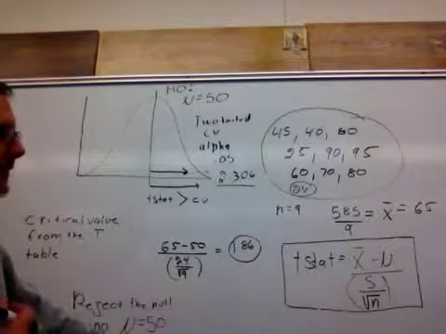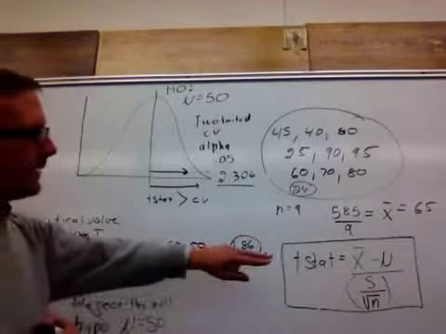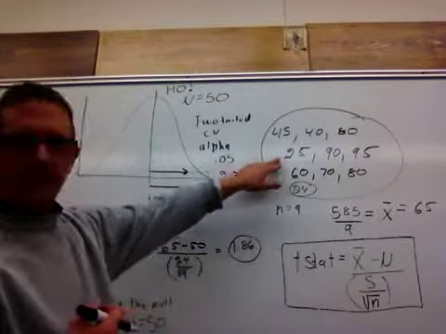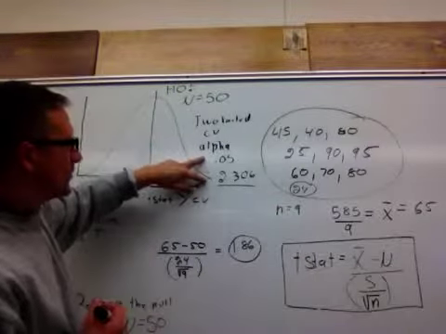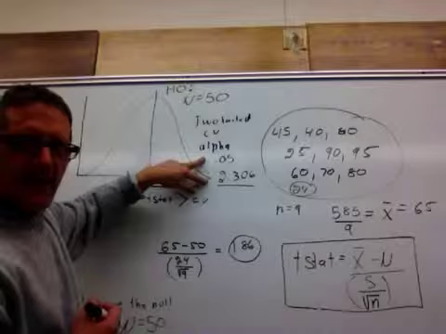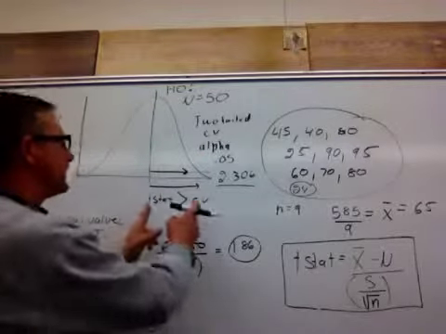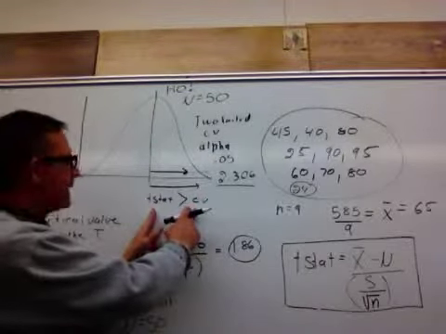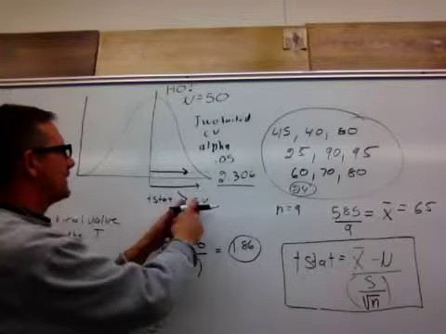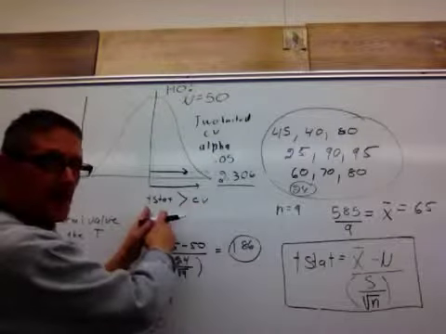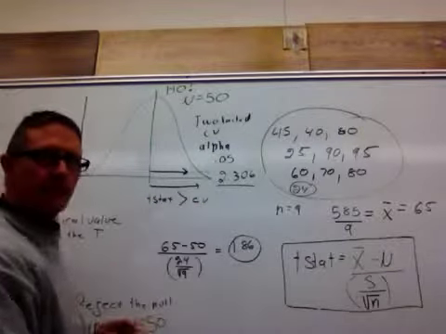And that's how a hypothesis test works. You have to compute a test stat from the sample data, and then you have to know what your critical value is at any given alpha. Then you simply compare the two. If the test stat is greater than the critical value, you can reject the null hypothesis. If it's not, you can't.